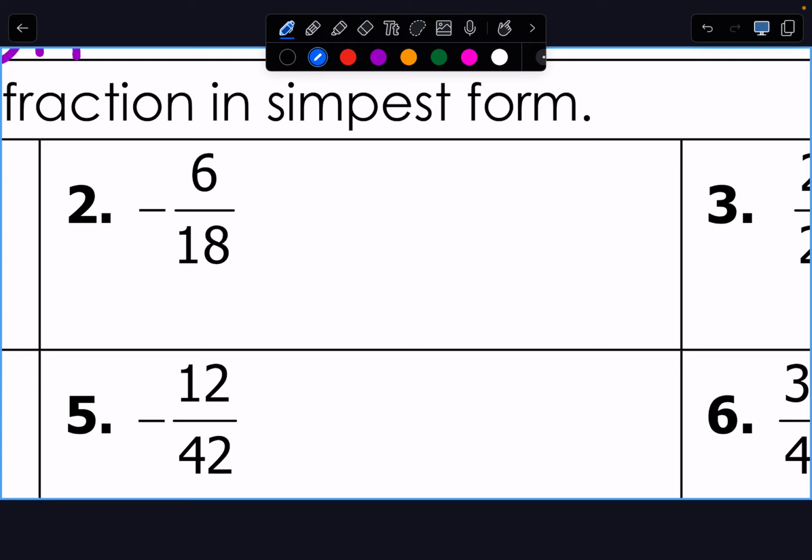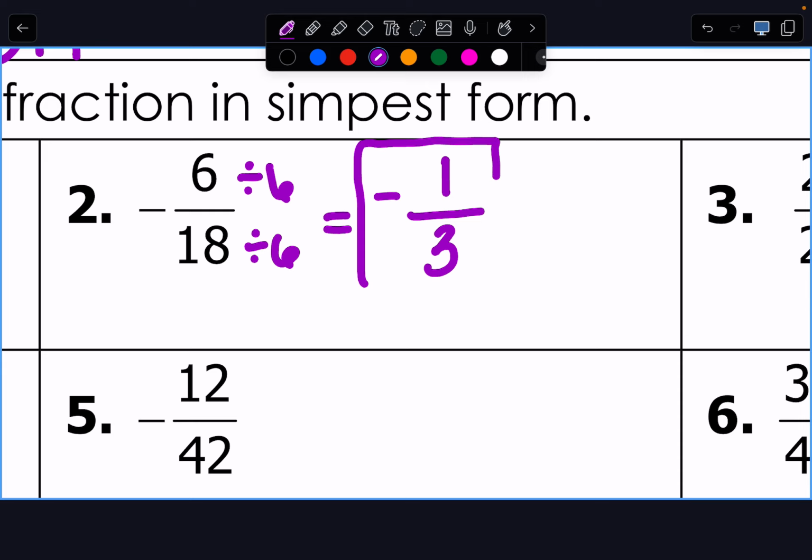I did hear that we had a 6 though. If we divide by 6, what's 6 divided by 6? And what's 18 divided by 6? 3. Is that my answer? What did I forget? Make sure you keep the negative with it. So negative 1/3.